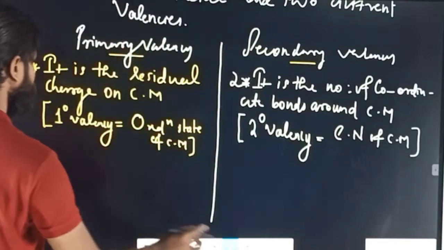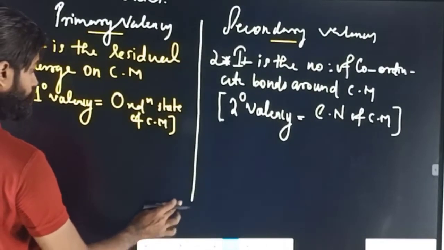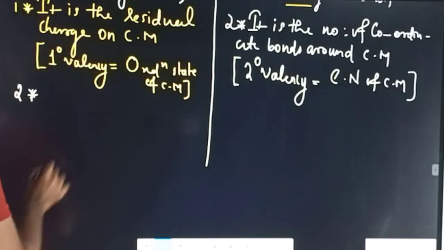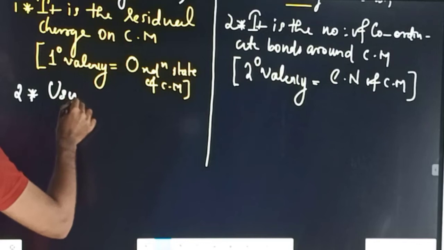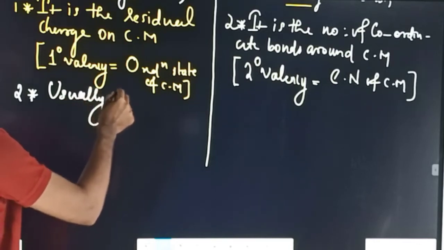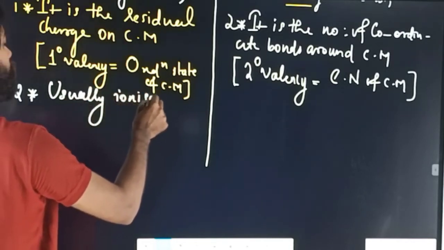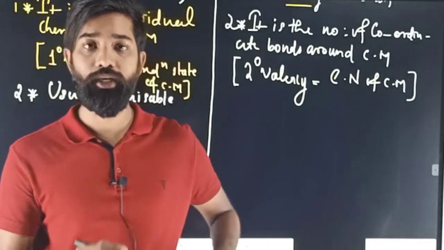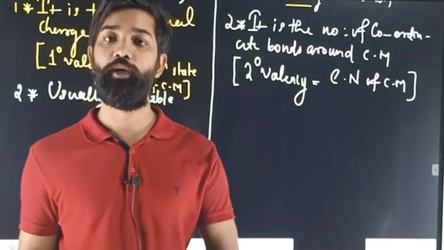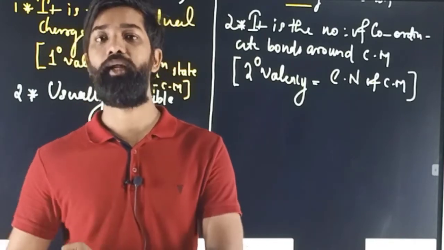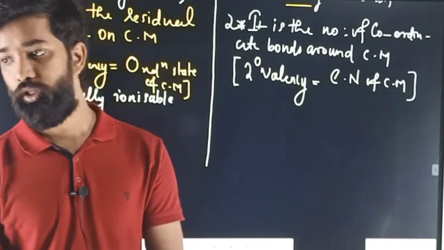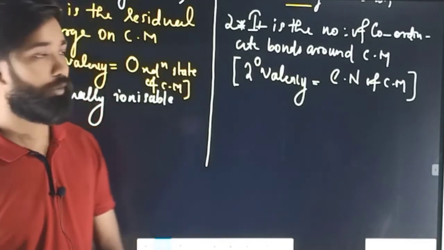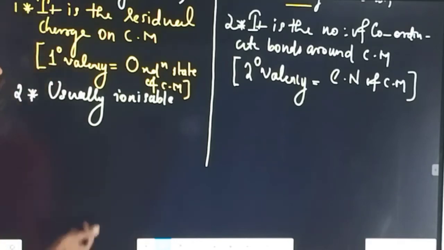What about the next point? Your primary valency is usually ionizable. The primary valency, which means the positive charge of the metal, may be satisfied by either negative ligands or by a negative counterion, or any kind of positive or negative ion.